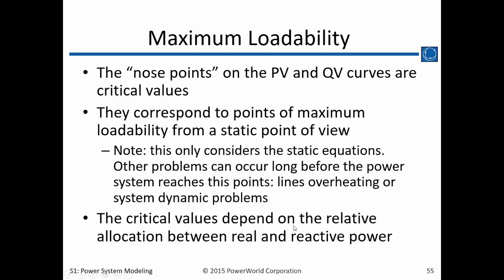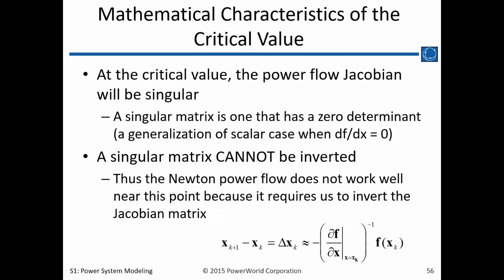The critical values depend on the relative allocation between the real and reactive power. In the previous examples, we looked at varying only the real power or only the reactive power. Obviously, if they're both going up, then your critical point may be sooner than if one or the other is going up. So the mathematical characteristics of the critical value is that the power flow Jacobian is singular at that point.